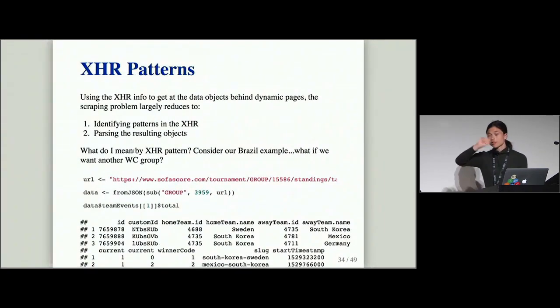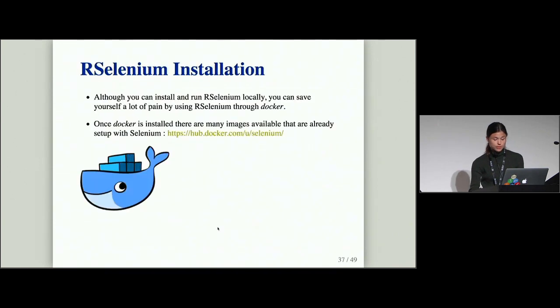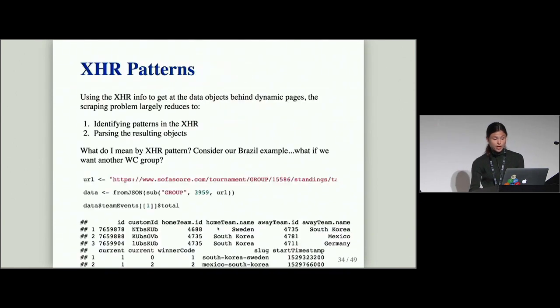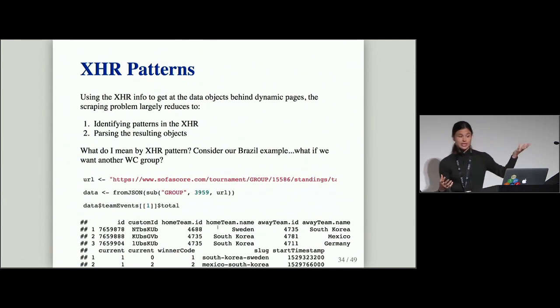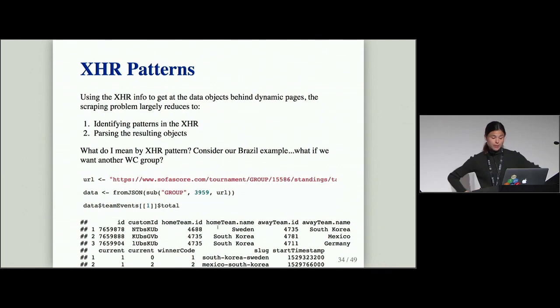And then by clicking elements on the site and seeing how the XHR information updates, you could find that, for example, the 3959 is an ID for a different group in the tournament. So that's an example where, through a combination of using the inspection and then some trial and error, you can start to see what the patterns are in the URLs.